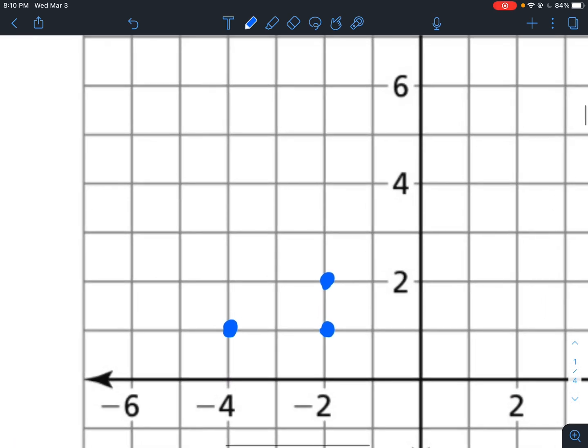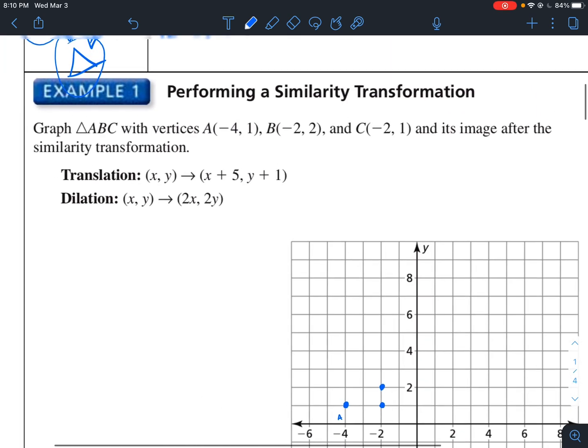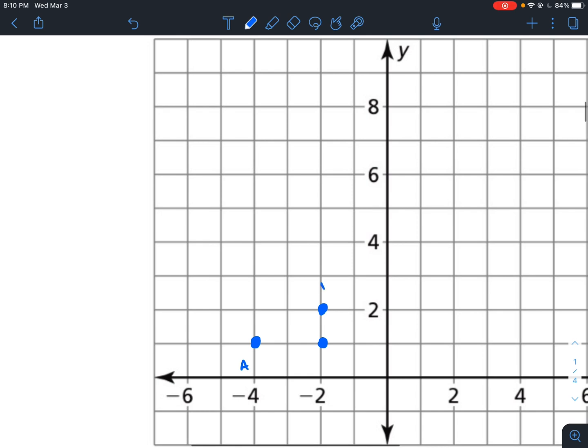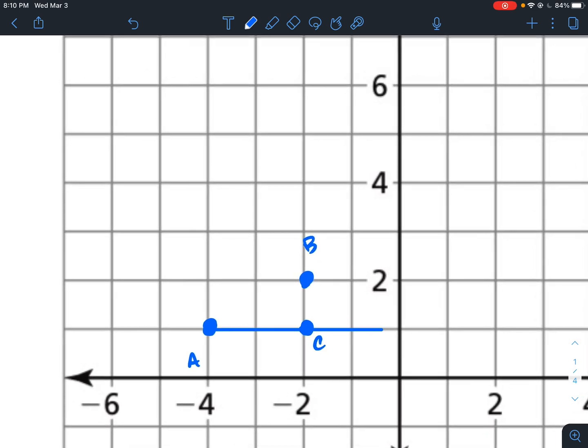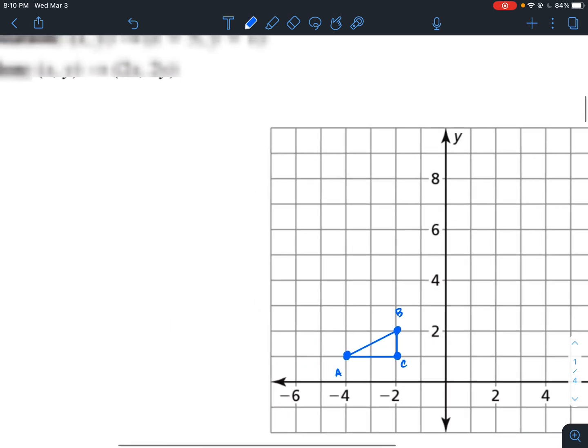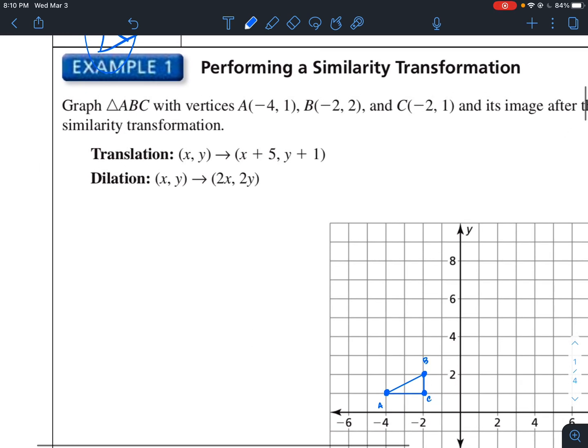So this is A, then we have B, then we have C. This makes a triangle. So let's perform these transformations.